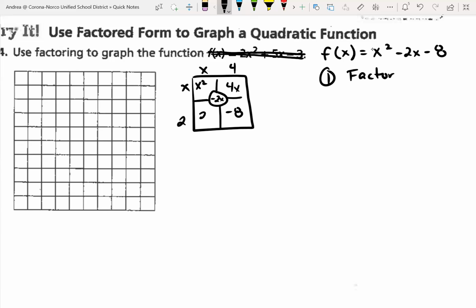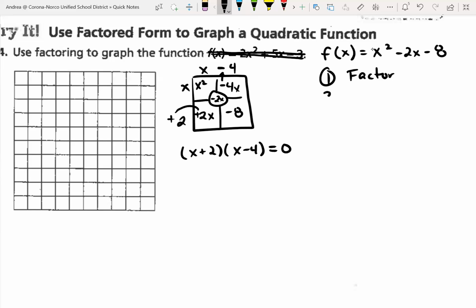X times 2 is 2x. Okay, they're opposite signs. Which one needs to be negative? Yep, the 4 to get the negative 2. And the 2 is positive. That makes this 4 negative, and that makes this 2 positive. Okay. So my factors are x plus 2 times x minus 4. And again, they equal 0. When we're solving, it's always equal to 0 because the y value is 0 on the x-axis.